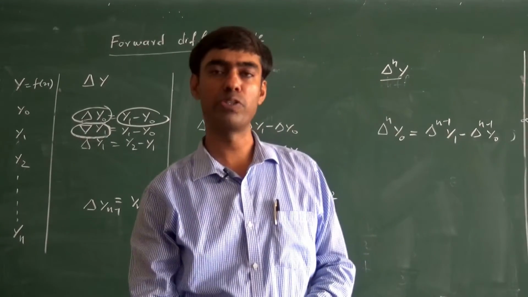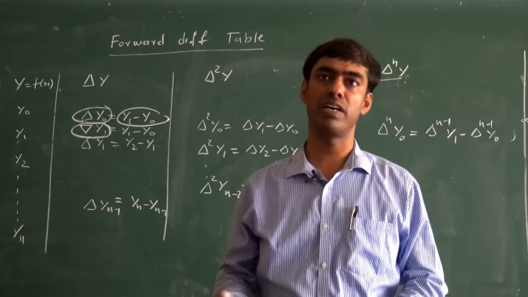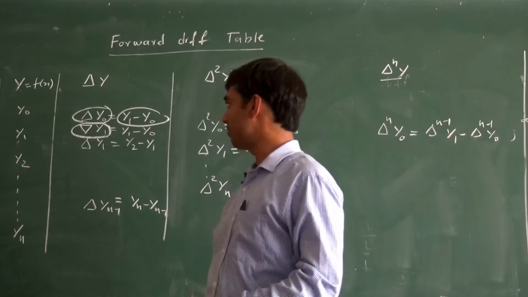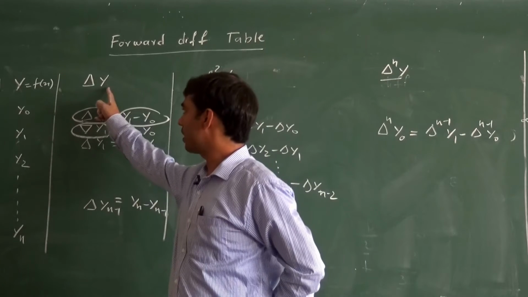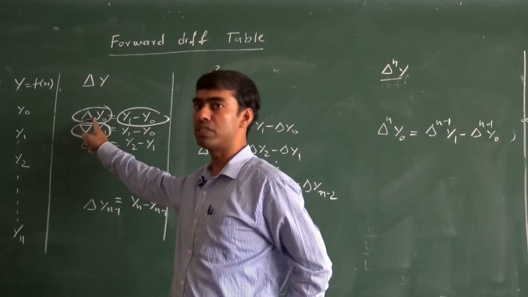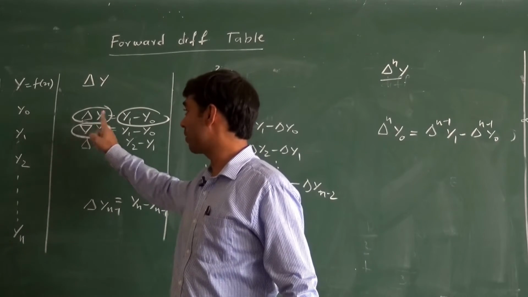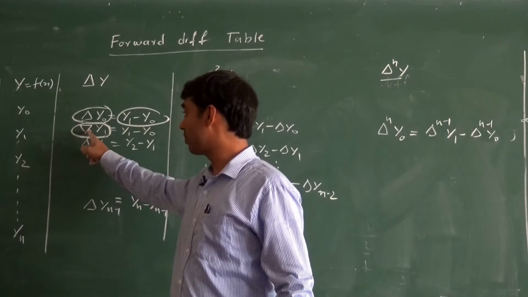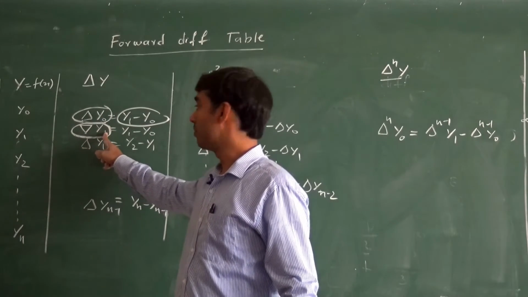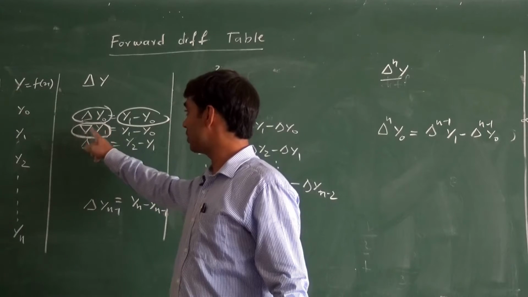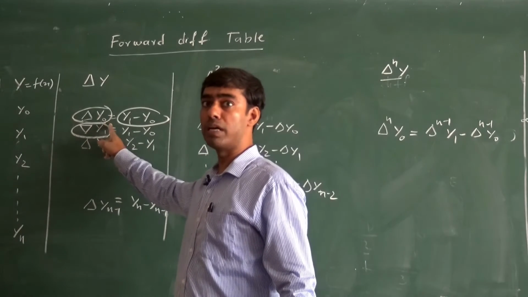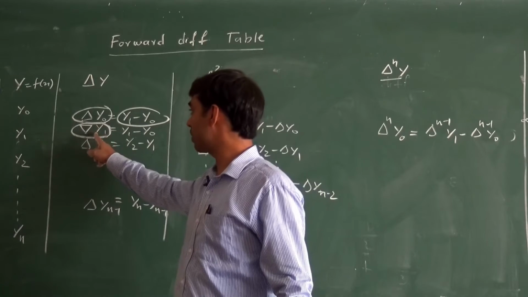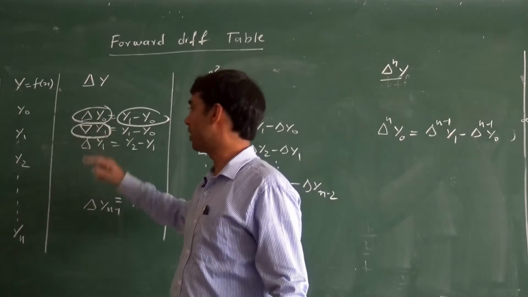But in terms of notation, there is a difference. In a forward difference table, the first term of the first order difference represents del y0, but in a backward difference table, the first term represents the backward difference of y1. The value of del y0 equals del y1; the forward difference operator of y0 equals the backward difference operator of y1.